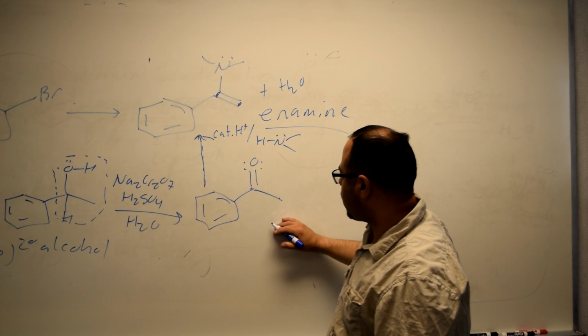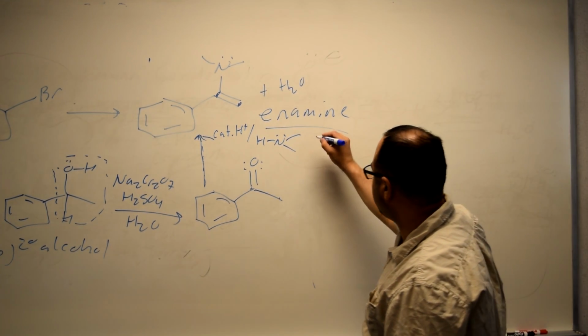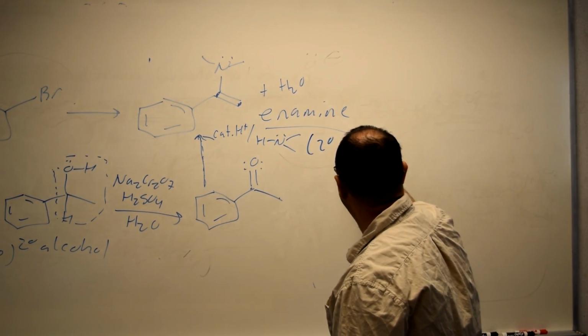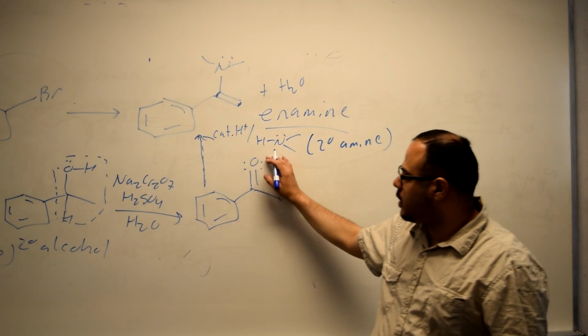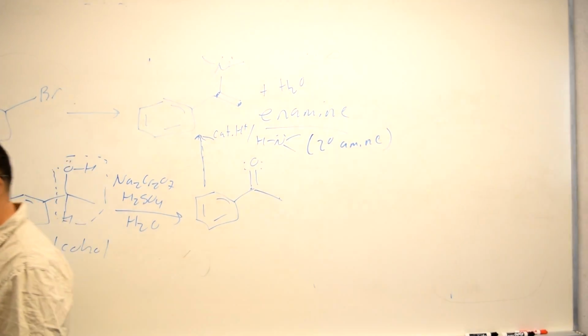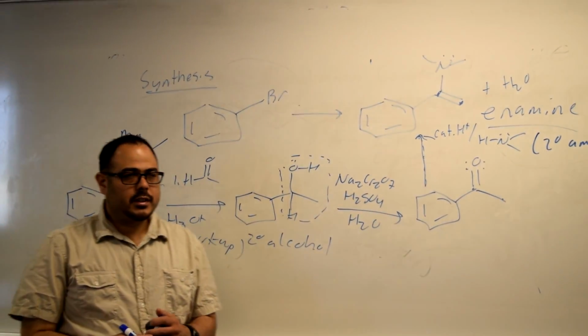We'll get rid of water to form an enamine because we have a secondary amine here. So secondary amine, because we need to have at least one hydrogen on there under catalytic acidic conditions. Okay, that's it for this synthesis video.